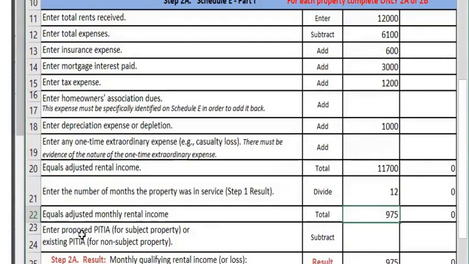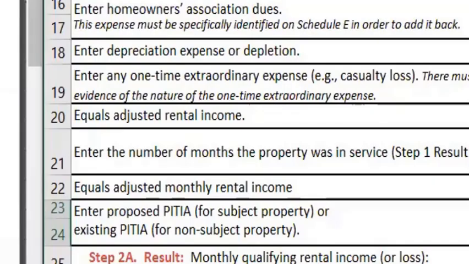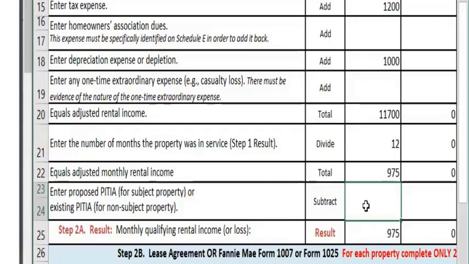Now enter the proposed PITIA. Proposed PITI means we need to go back to our LOS or our document and see, like in the 1003. If you are working in live underwriting, obviously you need to go to your LOS, and from the property expense column, the total proposed expense for the subject property needs to be written down here.